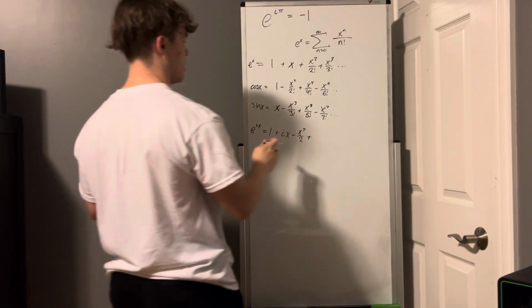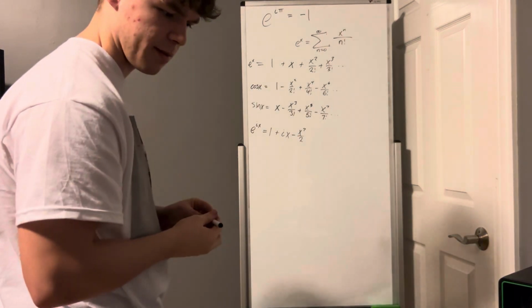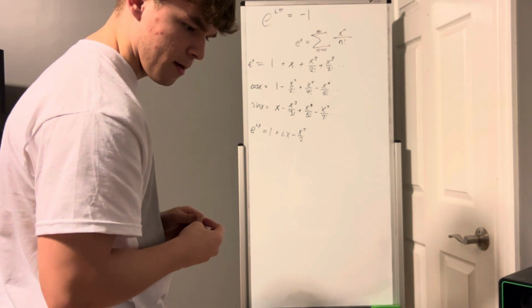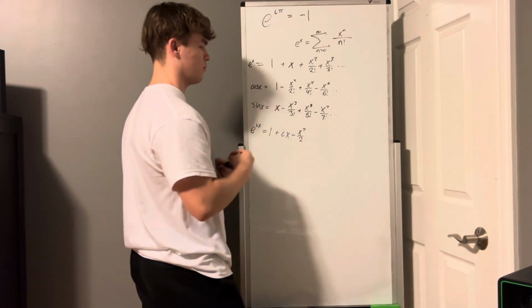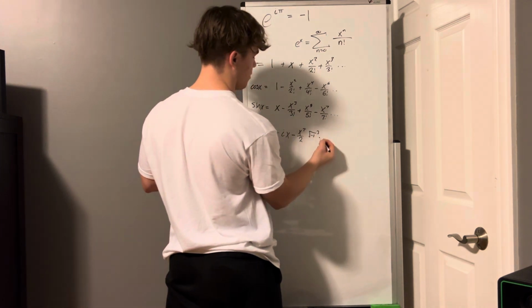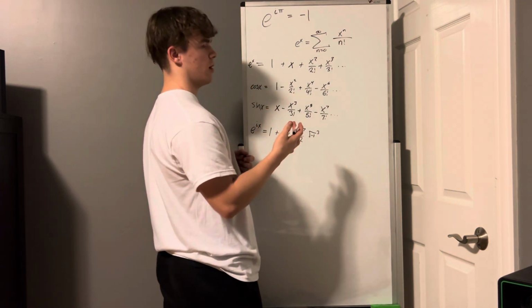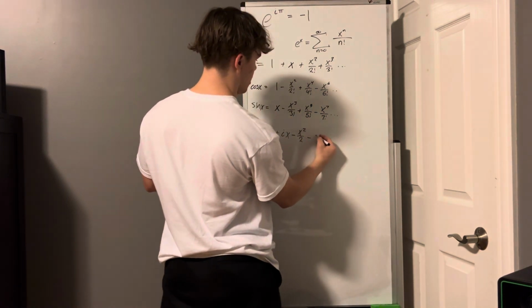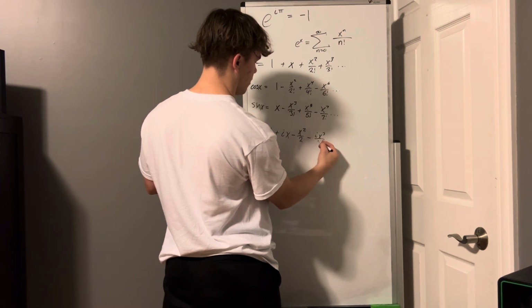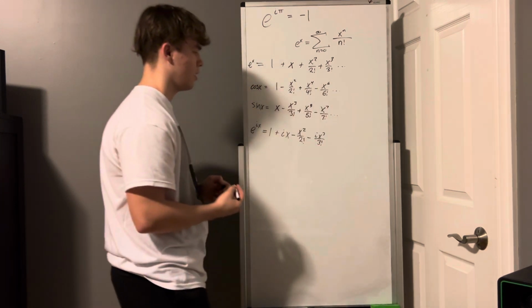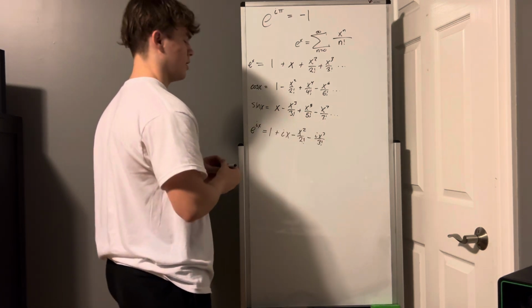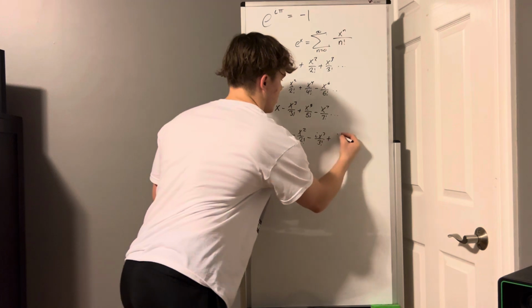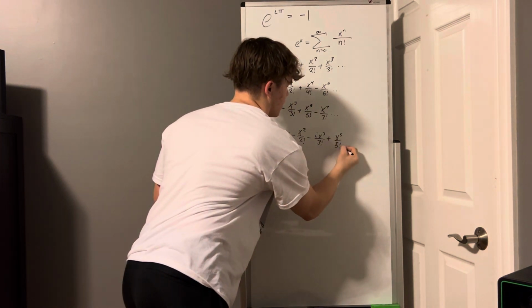This is going to be minus, let me make sure I get this right. i is root negative 1 cubed. We get negative 1 times i. So we get minus i x cubed over 3 factorial. We're going to get plus x to the 5 over 5 factorial.